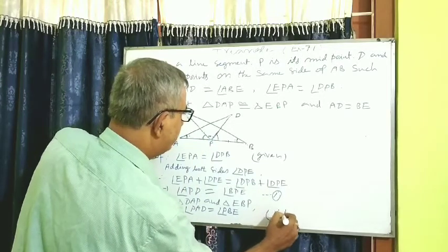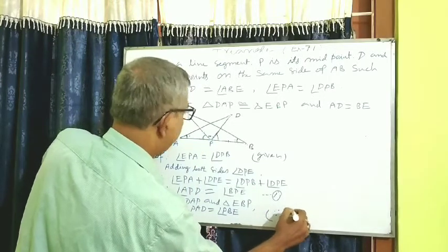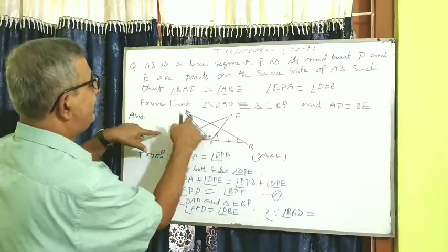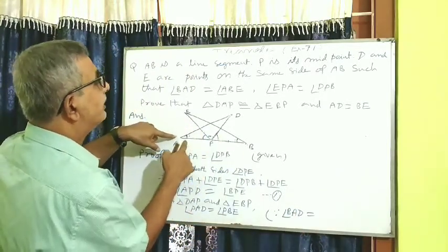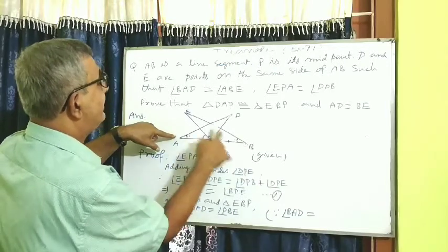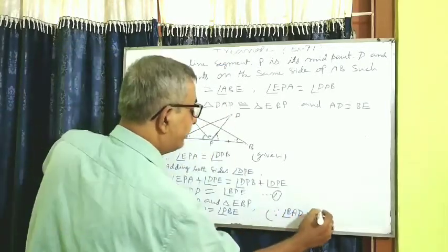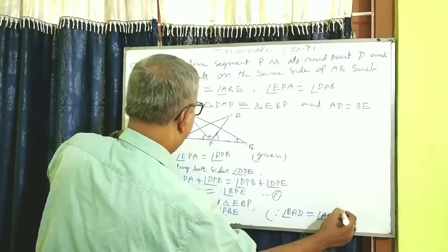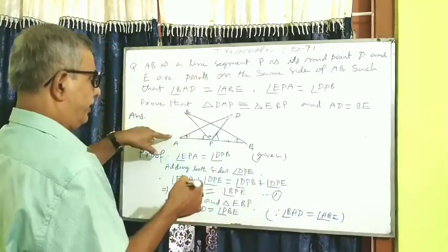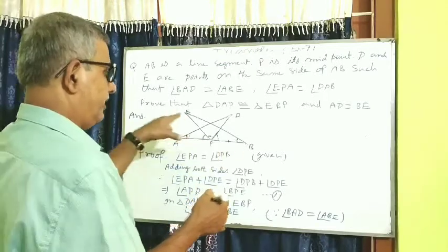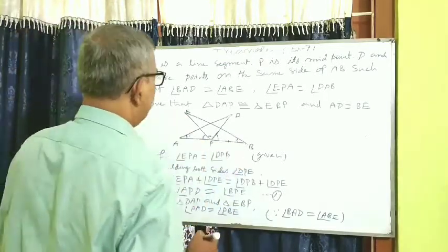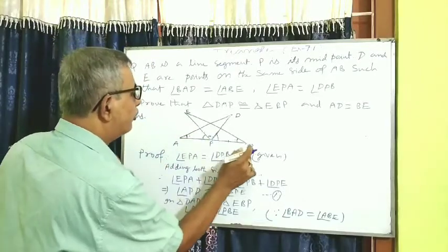Since BAD, here you see I have written PBE, but given is ABE. It is the same thing. That is why we can write this angle is equal to this angle. Now you see AP is equal to BP.